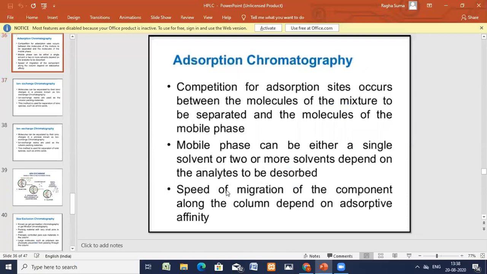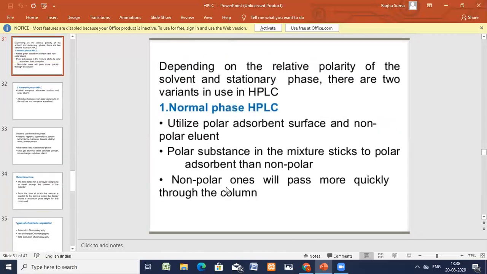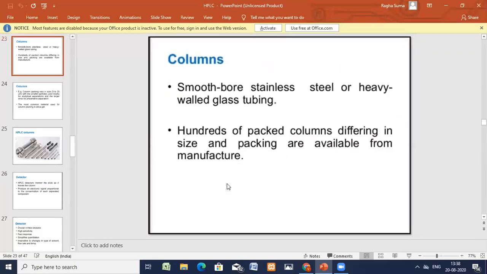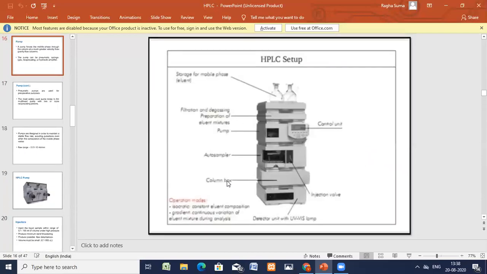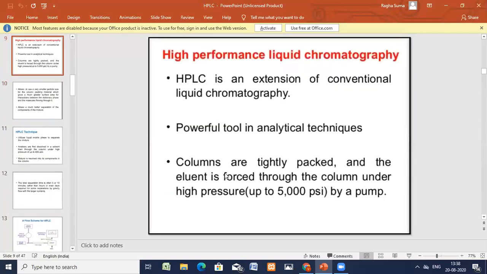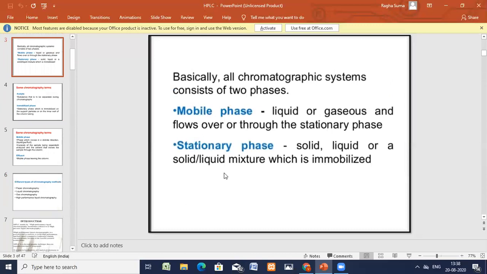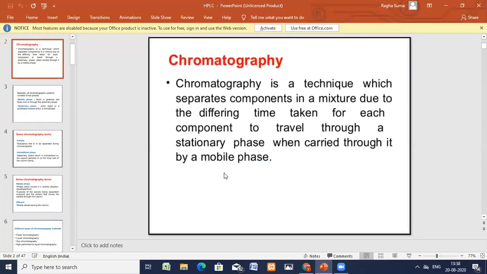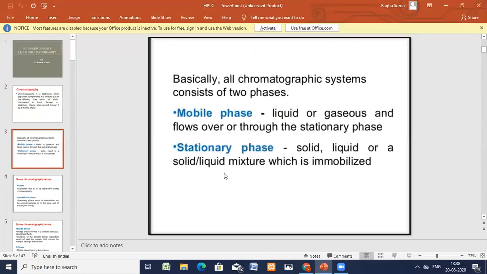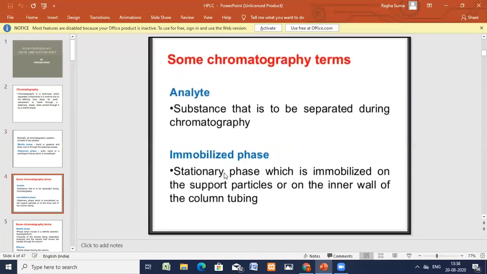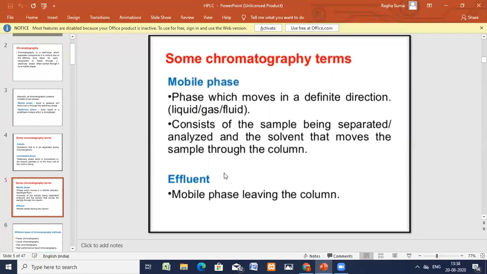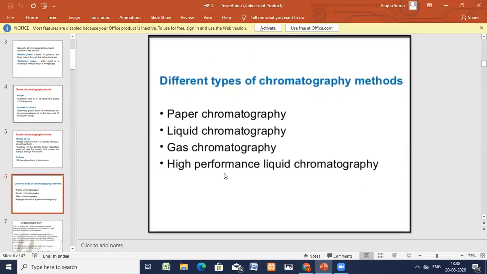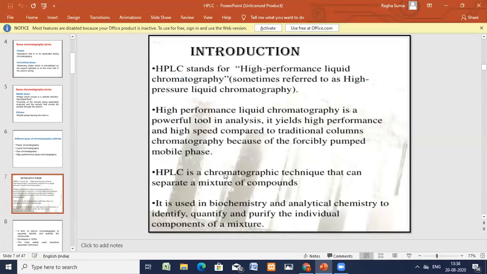Just repeating the main points of high pressure liquid chromatography: we have seen what chromatography is, and the basic terms: mobile phase, stationary phase, analyte, immobilized phase, effluent. Types of chromatography we have seen. In that, today's class is about HPLC.